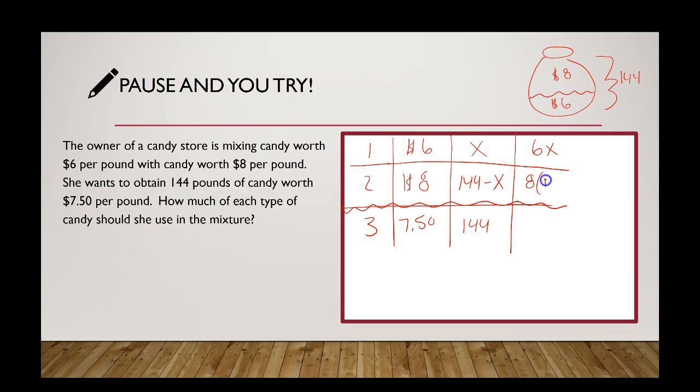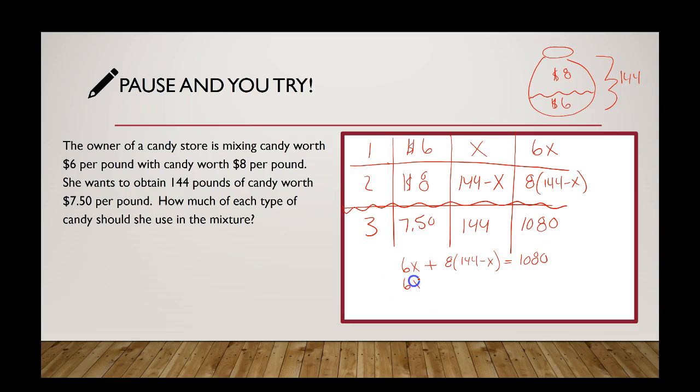This would be 8 times 144 minus x. And then that one would be 7.50 times 144, which is 1080. So your equation would be 6x plus 8 times 144 minus x equals 1080.